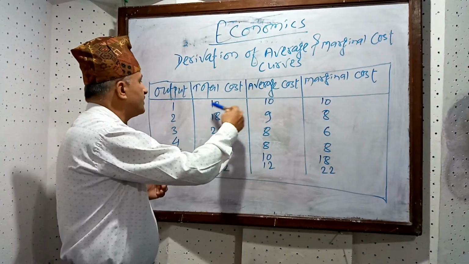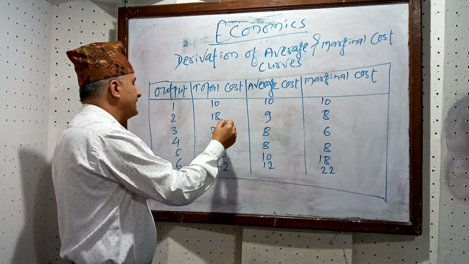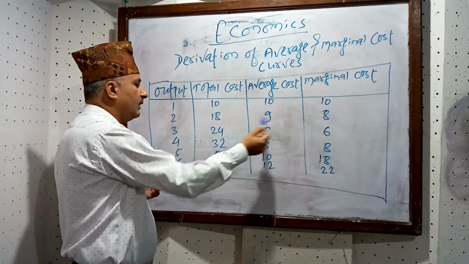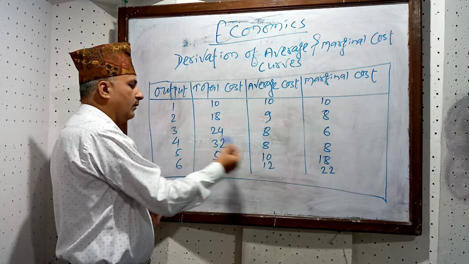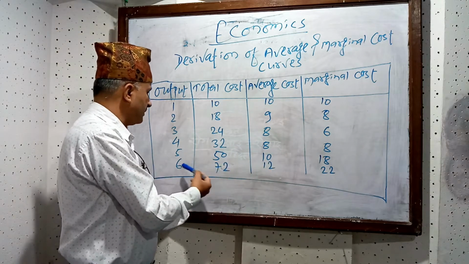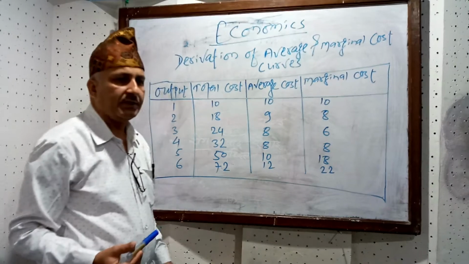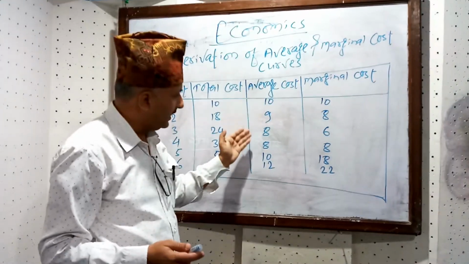So 10 divided by 1 is 10. 18 divided by 2 is 9. 24 divided by 3 is 8. 32 divided by 4 is 8. 50 divided by 5 is 10. And 72 divided by 6 is 12. In this way, the average cost column can be completed.